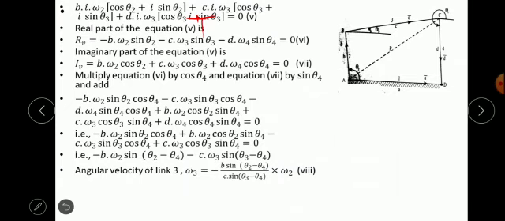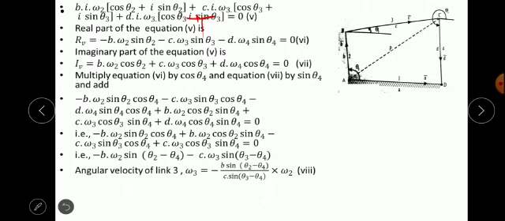The real part of the equation is equal to minus b omega 2 sin theta 2 minus c omega 3 sin theta 3 minus d omega 4 sin theta 4 is equal to 0, because i times i gives minus 1. This is equation number 6.